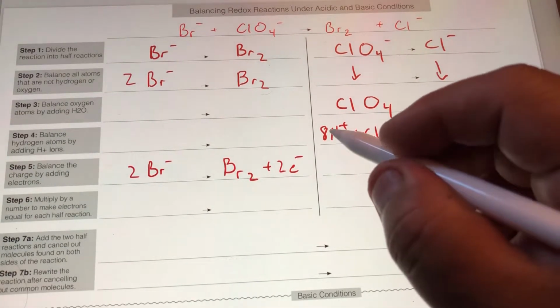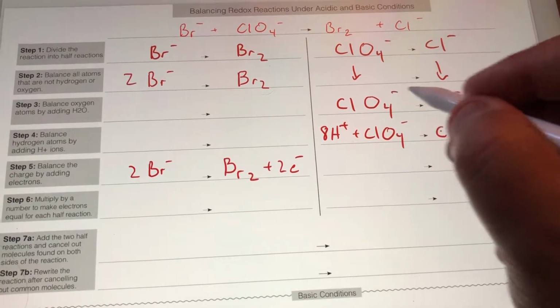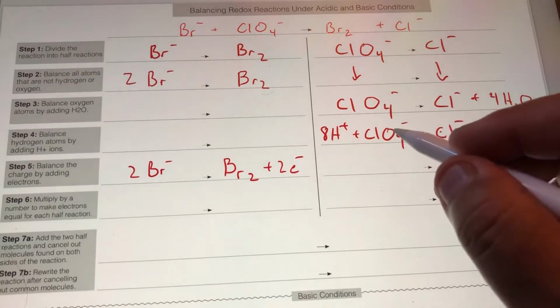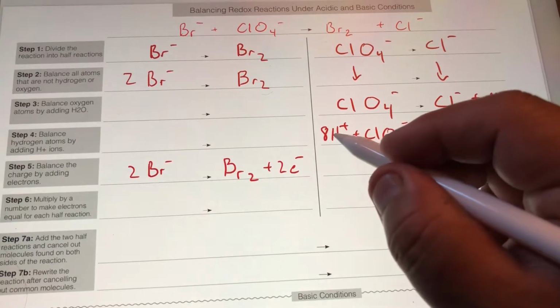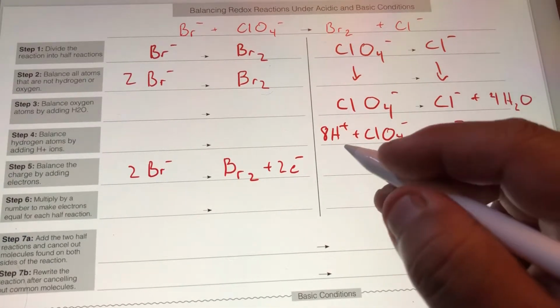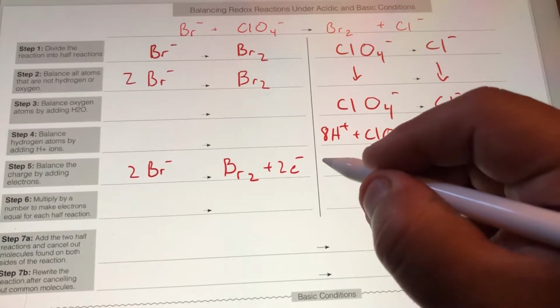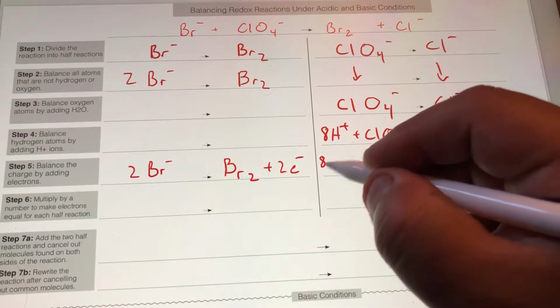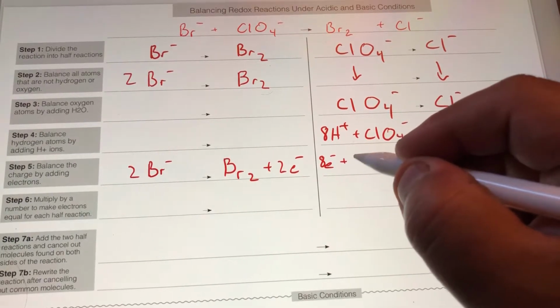And since both of these are 1 negative, but we're adding 8 hydrogens to the reactant side of this half reaction, we'll add 8 electrons.